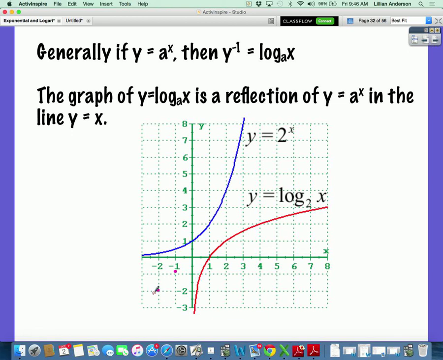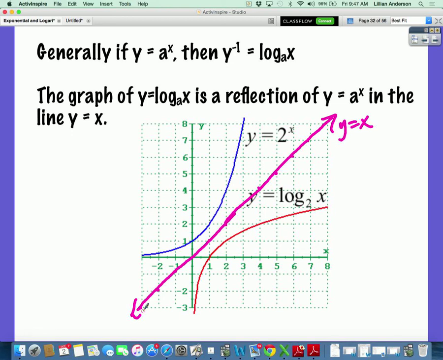Remember y equals x is a linear function with a slope of 1. So when you have inverses, they reflect over that line. This is just a diagram to show you that. You want to add it in to get a quick sketch.